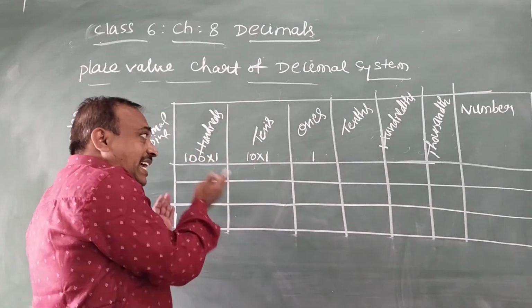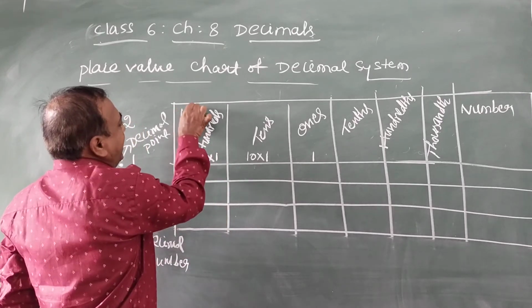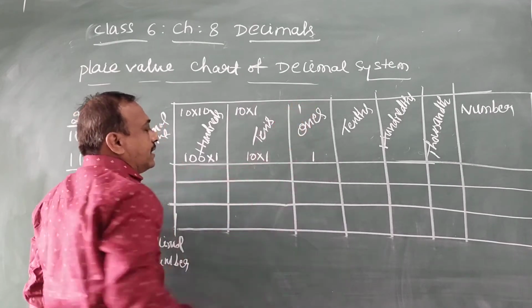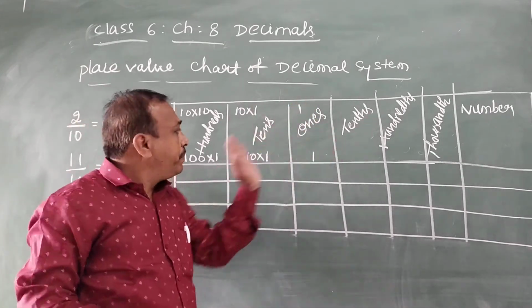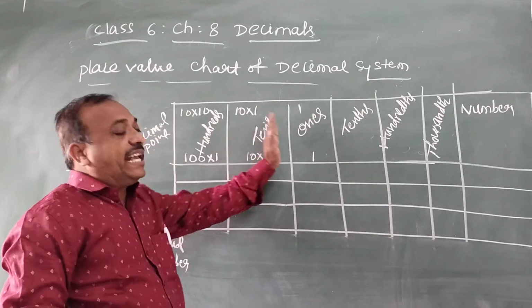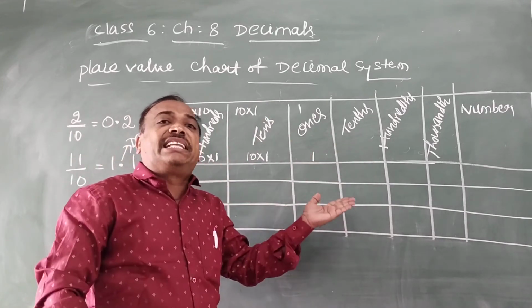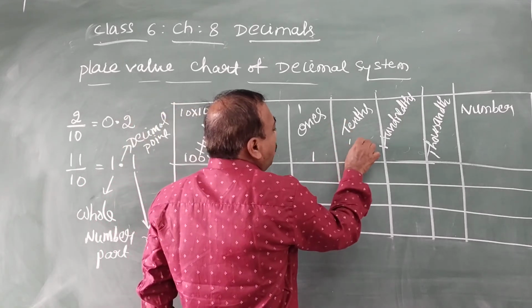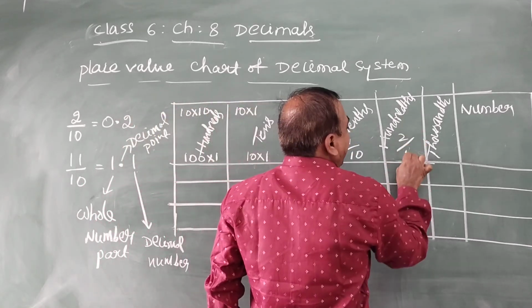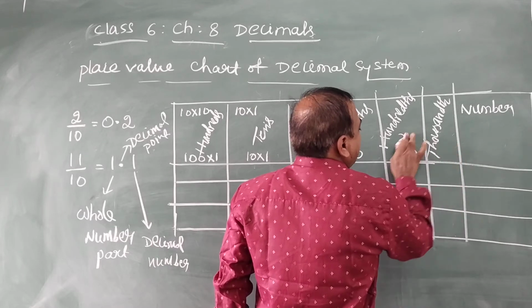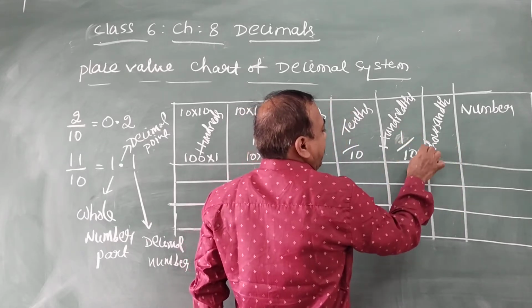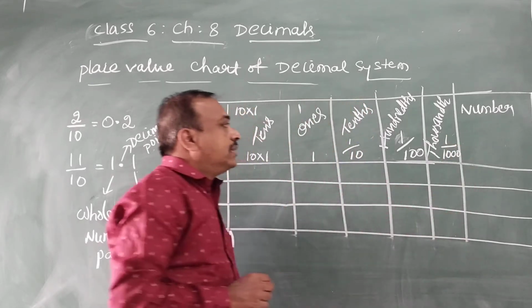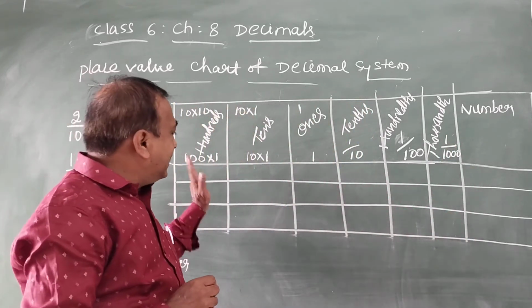It is increasing 10 times each time. When you move to the right side, the value decreases 10 times: 1 by 10, 2 by 10, then 1 by 10, 1 by 100, and 1 by 1000.